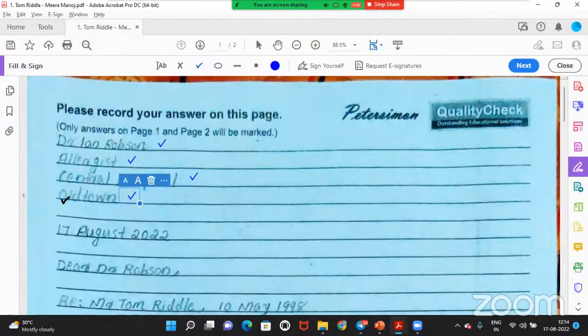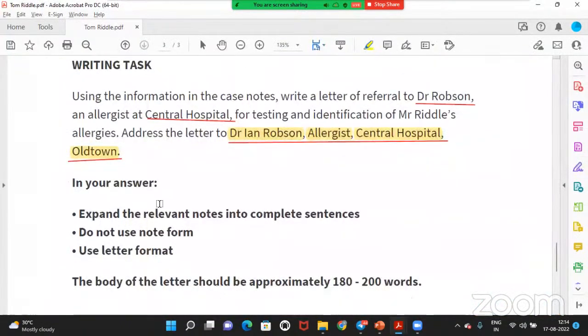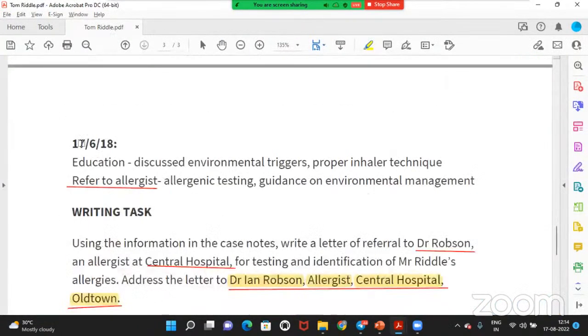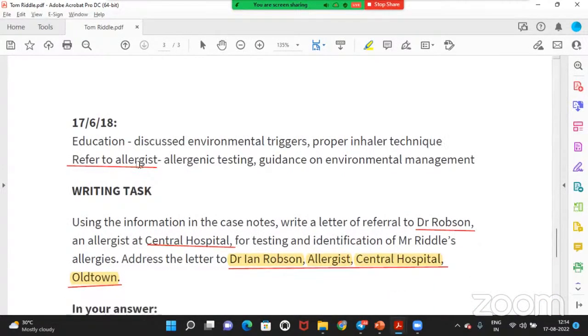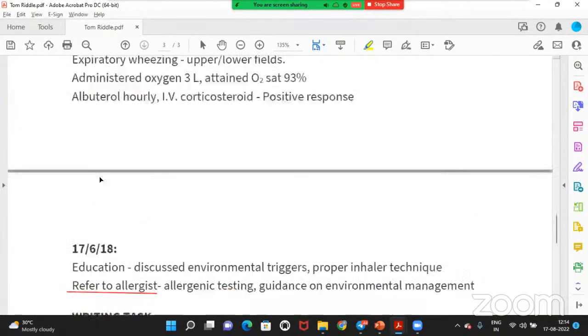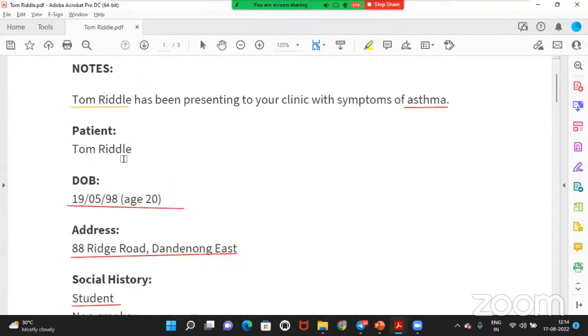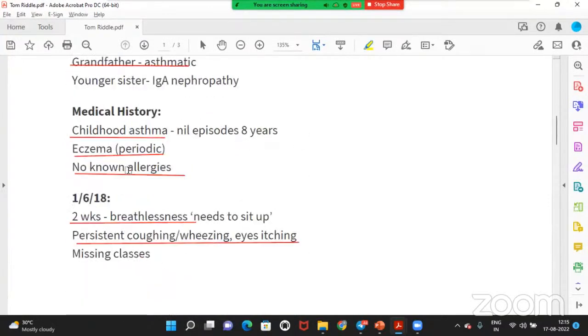Okay, and next. Robson Allergy Central Hospital, identification of steroid allergy. 17 August 2022. Is this the same case notes that you have used or some other case notes?